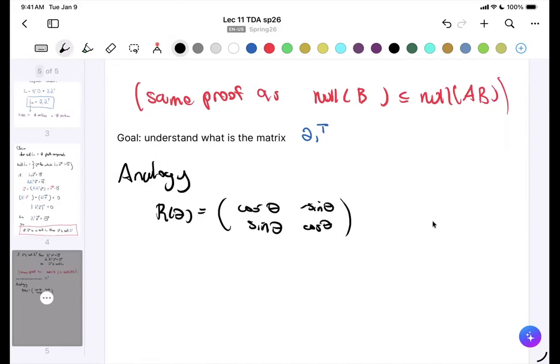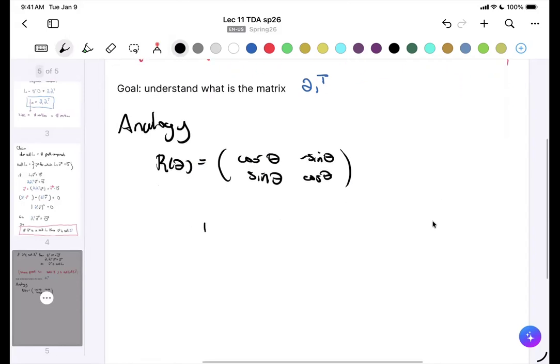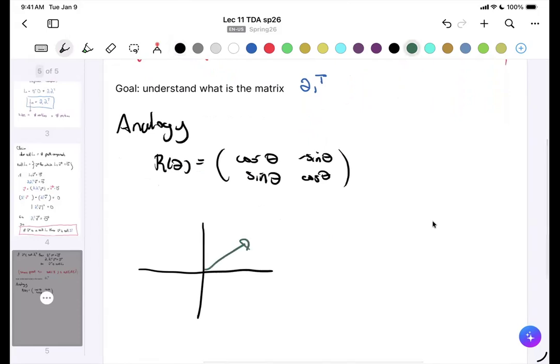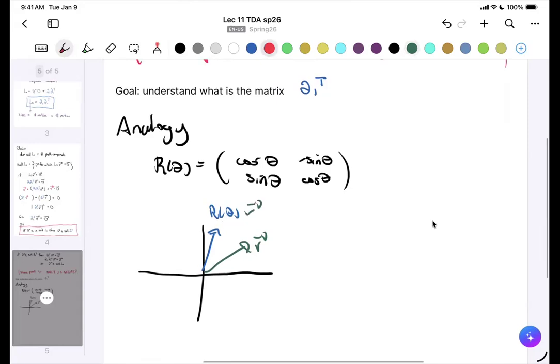Well, this is called a rotation matrix, and literally what it does is rotate the vector by theta degrees counterclockwise. If you have a vector here, the rotation matrix rotates this vector by an angle of theta, going counterclockwise.